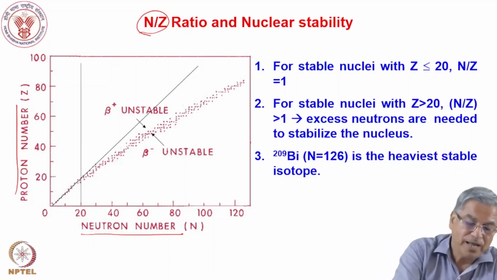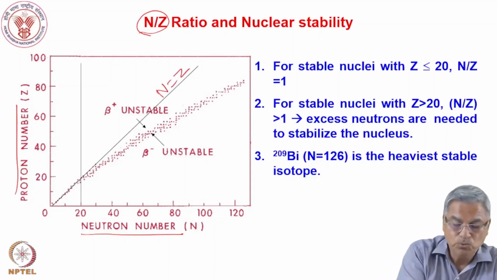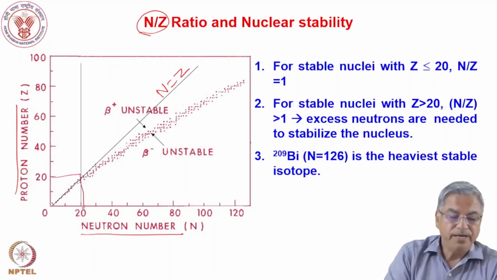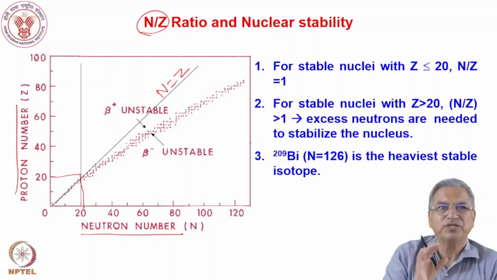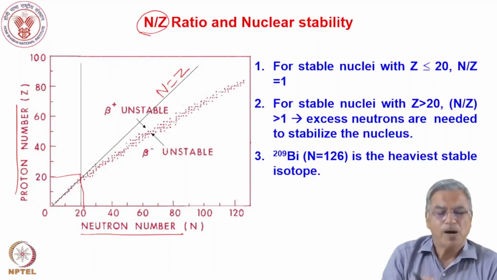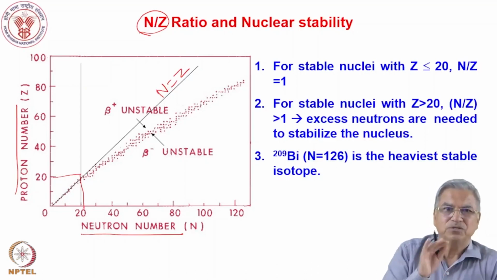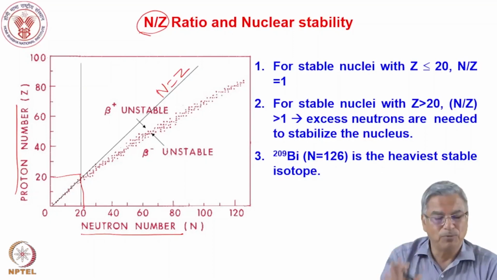I have drawn a line where N equals Z. You see here, up to proton number 20, N equals Z. That means up to calcium 40, with 20 protons and 20 neutrons, up to this mass number 40, an equal number of neutrons and protons can make the nucleus stable.